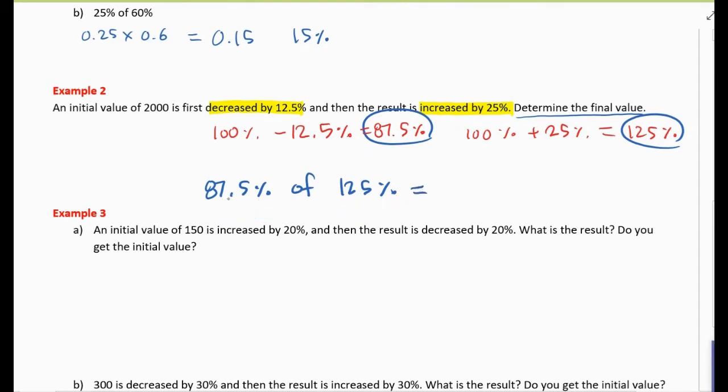This is 87.5%, that is 0.875, times 125%. Move two decimal places, then it becomes 1.25 as a decimal number.